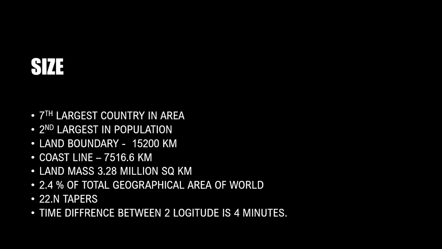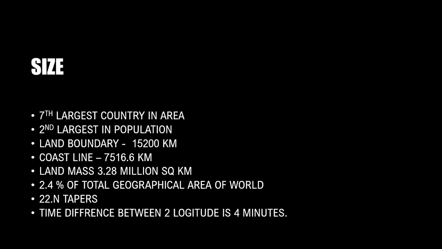The land mass of India is 3.28 million square kilometers, and we occupy 2.4% of the total geographical area of the world. Now, to the north, we are bounded by the Himalayan Mountains, and to the south, our country divides the Indian Ocean into two seas, that is the Bay of Bengal and the Arabian Sea.